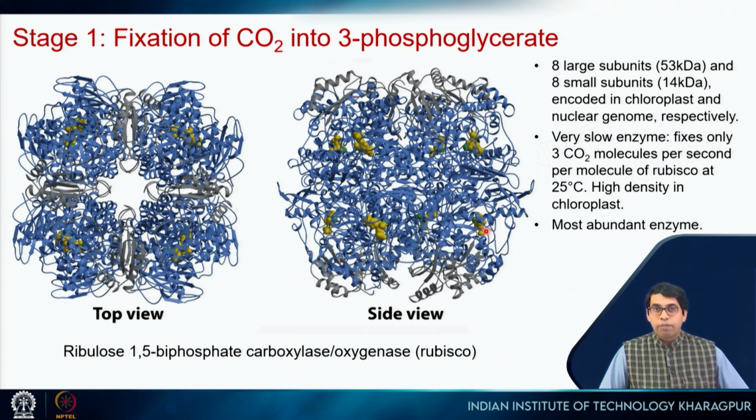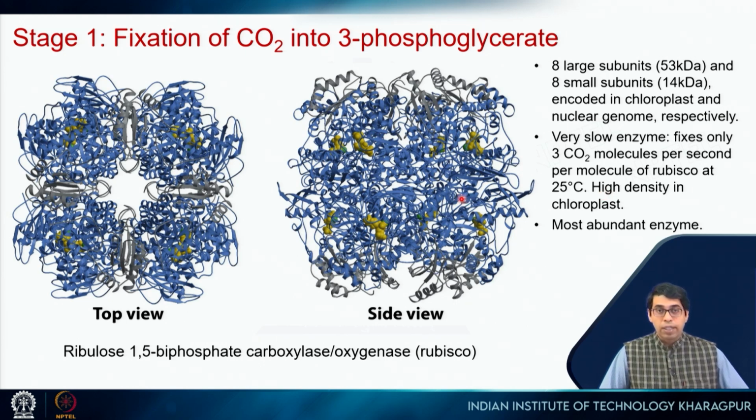This is one example of an enzyme which has a very slow turnover. One molecule of Rubisco fixes only 3 carbon dioxide molecules per second at 25 degrees centigrade, right. But this is a very important reaction, right. So, it turns out that chloroplasts have a very high density of this molecule.